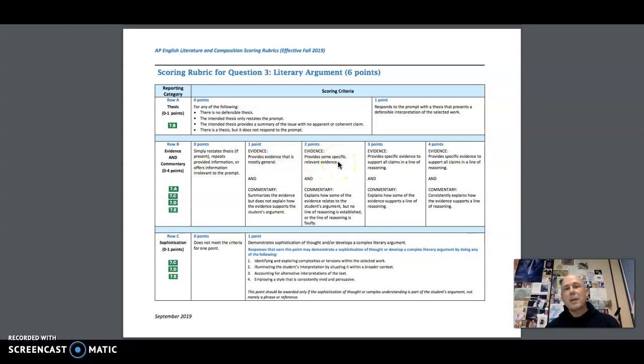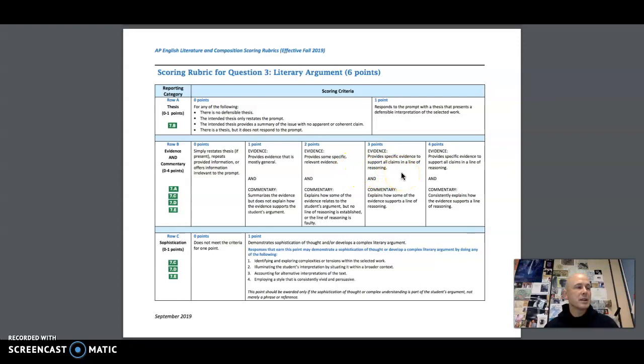So you're talking about the book. It relates to what you said in your thesis, but that's it. If you look at the 3 and 4, though, for the evidence side, it says provide specific evidence to support all claims in a line of reasoning. So that line of reasoning is what is added in at the 3 and the 4 level that differentiates itself from the 0, the 1, and the 2.